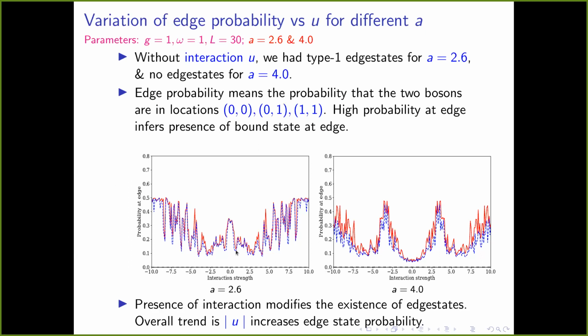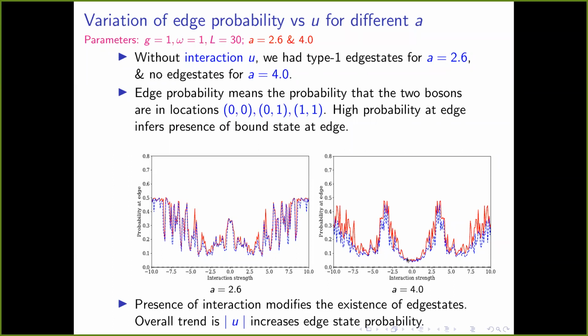But as we increase the interaction strength in both the positive and negative direction, first the probability at the edge decreases, and then it goes a little high, and then it keeps on increasing. Whereas for A equals 4, without any interaction, we don't have any edge state, because there are no edge states for A equals 4.